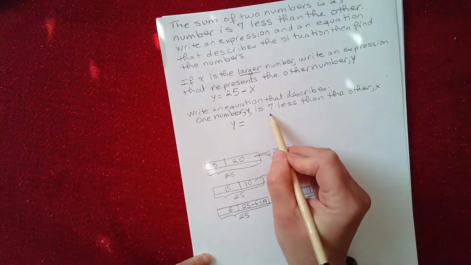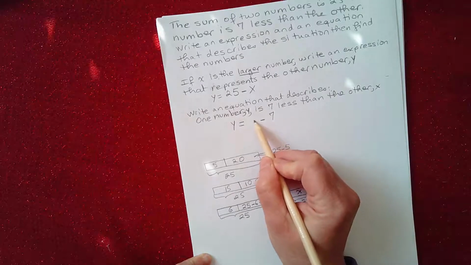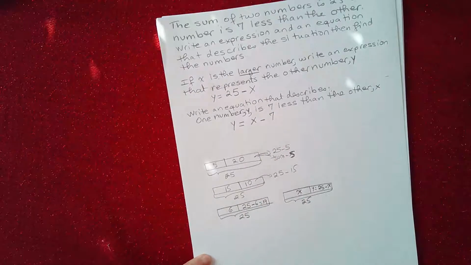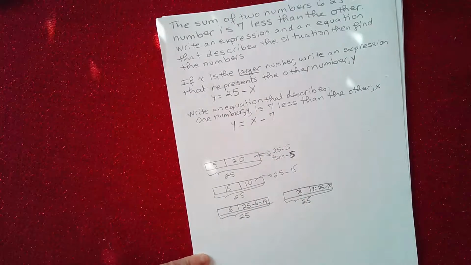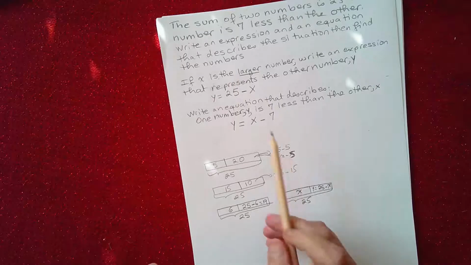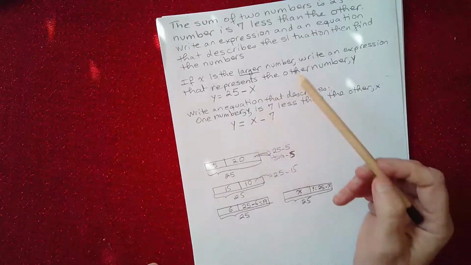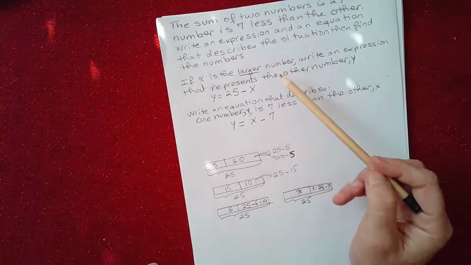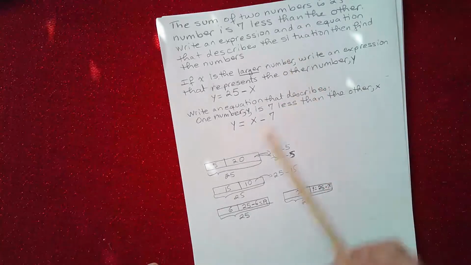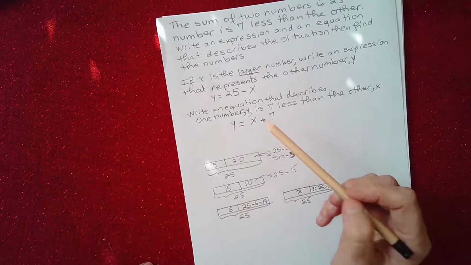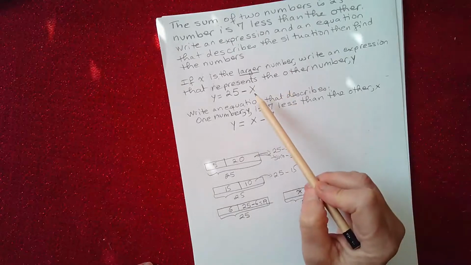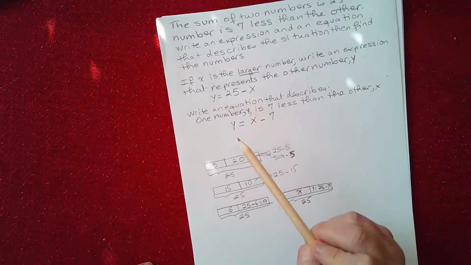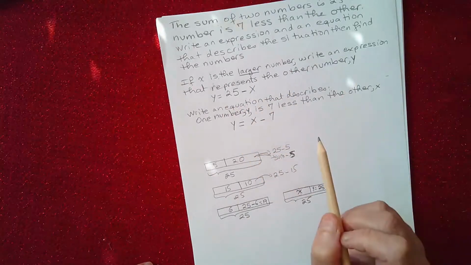So it's 7 less than x. Okay, so now we wrote an expression and an equation that describes the situation in our problem. Now we need to find the numbers, and the numbers are x and y. Remember, x is the larger number and y is the smaller number.